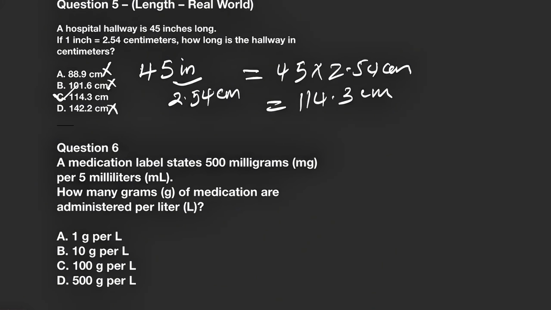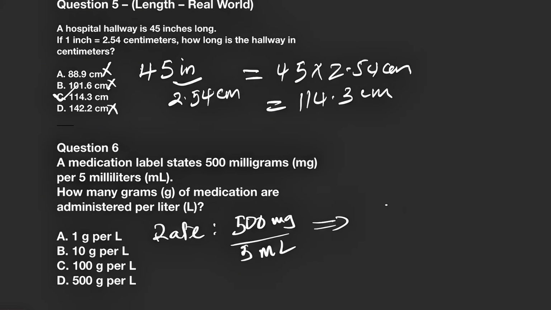Now, question 6. A medication label states 500 milligrams per 5 milliliters. How many grams of medication are administered per liter? So they have given us the rate: 500 milligrams per 5 milliliters. What they want is grams over milliliters.